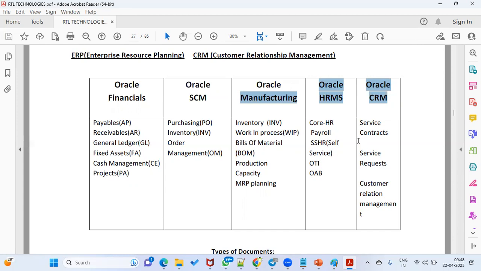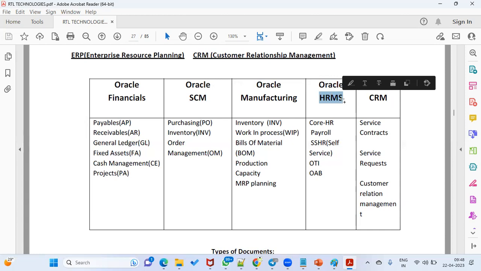So this is about the modules and domains and what our role is, DBA role, functional and technical. DBA is common for any domain, but functional is restricted. Finance functional means you will work only in finance. Supply chain management means you will work only in supply chain. HRMS functional means they will work only in HRMS.